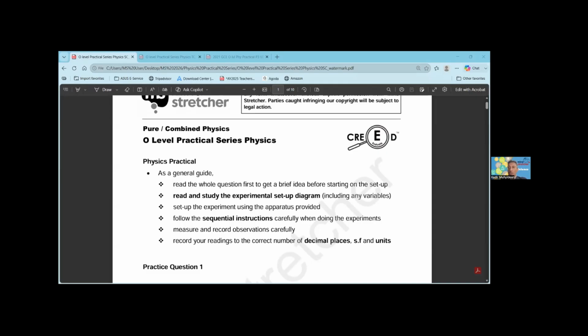If you have printed it out, that's the best, but if not, at least make sure you have the link to refer to.